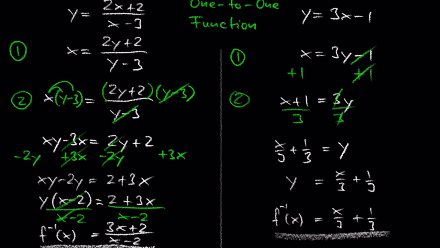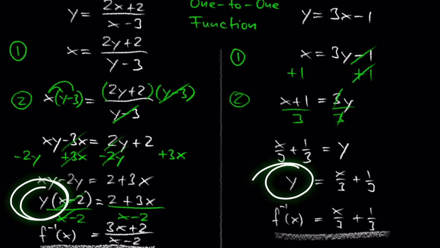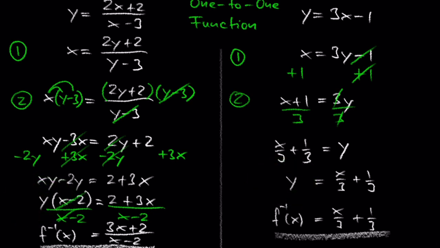The first step is to interchange x and y. And the second step is to isolate the y. The solution will then be your inverse function.